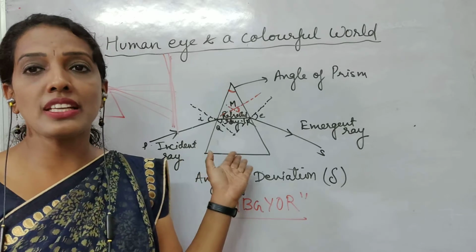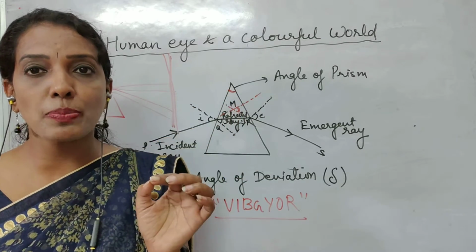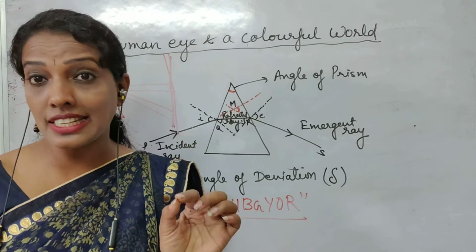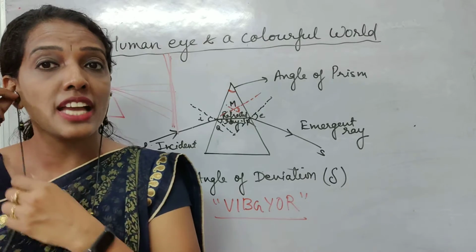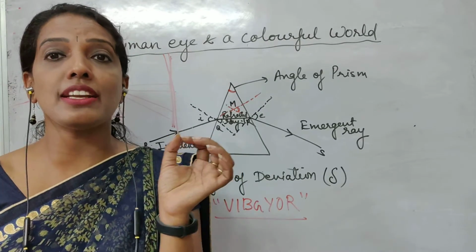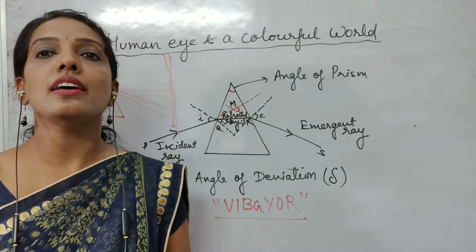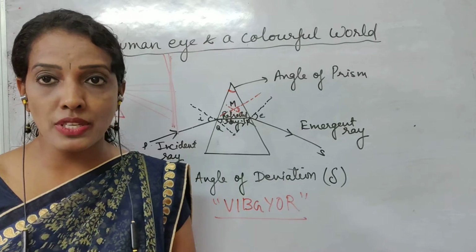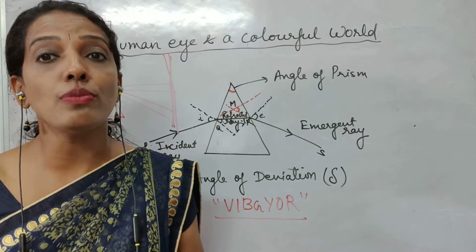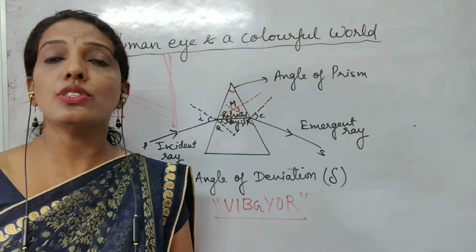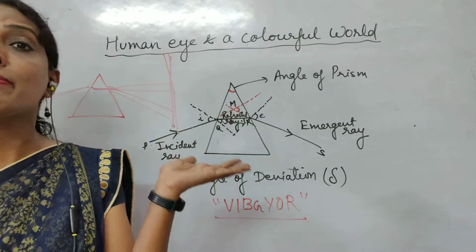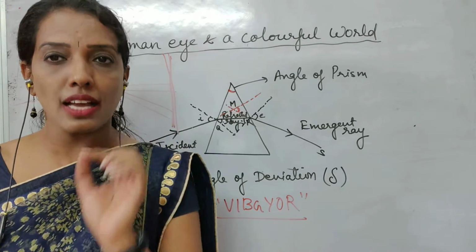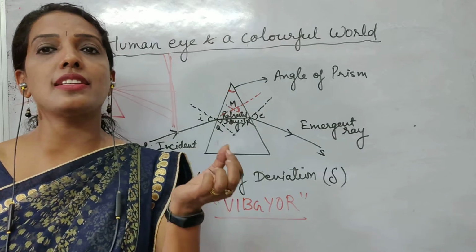We can say that red color has the maximum speed in the glass prism, so the red color deviates the least.